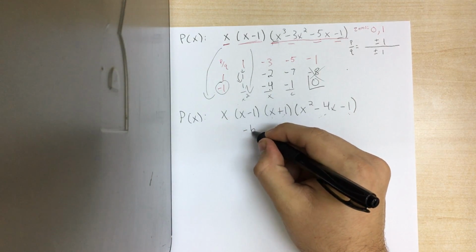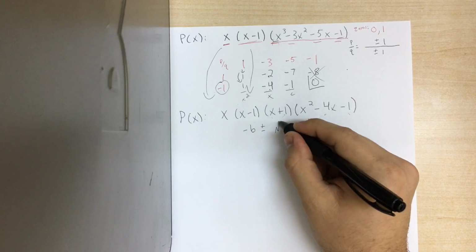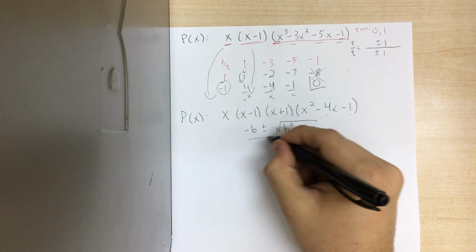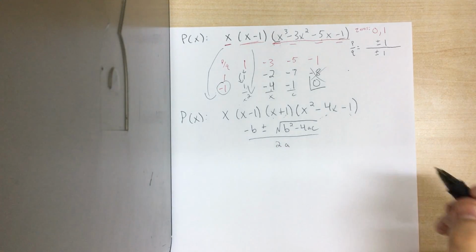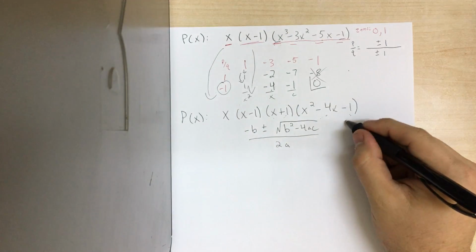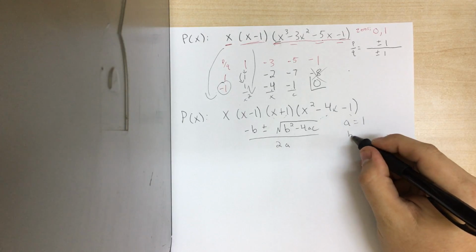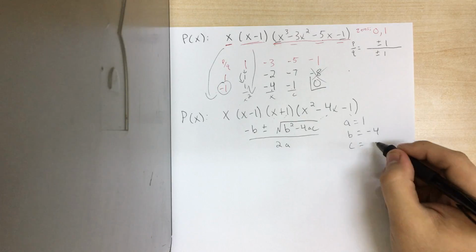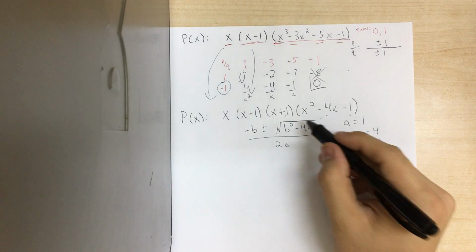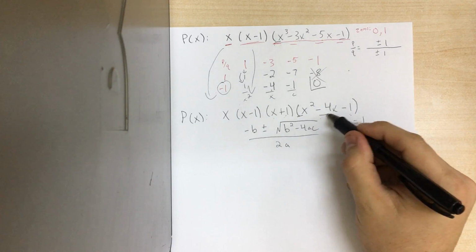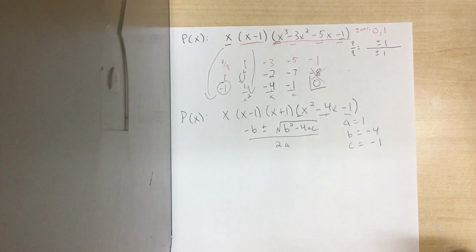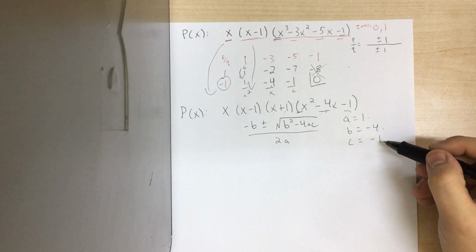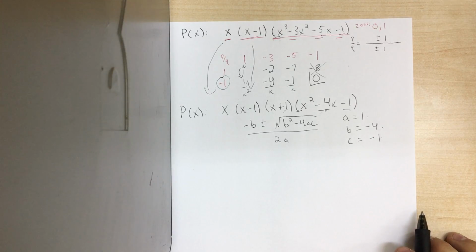So -b plus or minus the square root of b squared minus 4ac all over 2a. So now we're just plugging in numbers, where a is 1, b is -4, and c is -1. So let's just plug this a, b, and c in to the quadratic formula to get our other two roots.